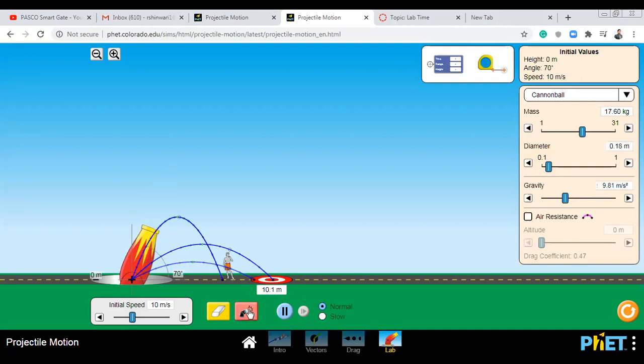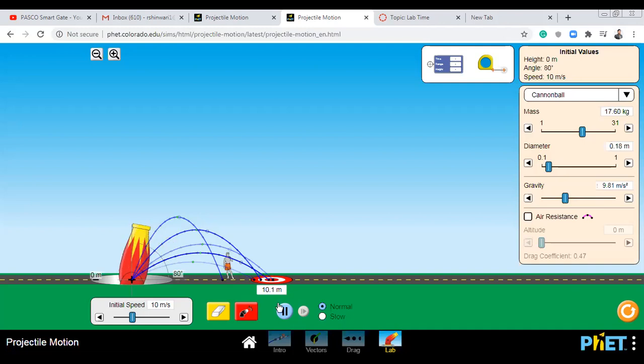You can see the range is less than at 45 degrees. If you try another one like 57, the range is also less than at 45 degrees. The maximum range will be at an angle of 45 degrees. Same, this one at 38 degrees is also less than 45 degrees.